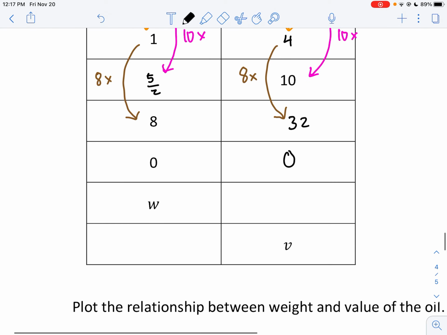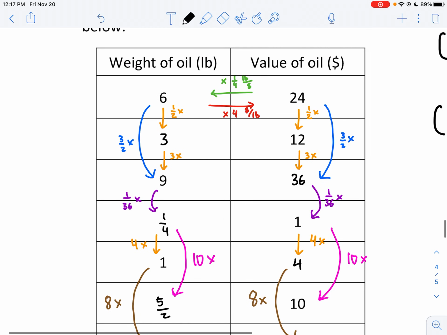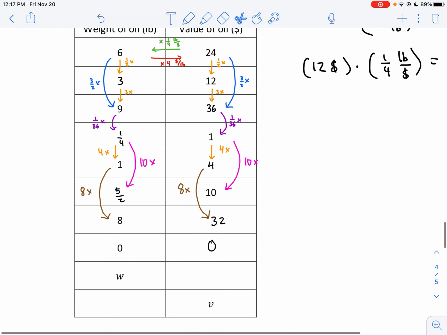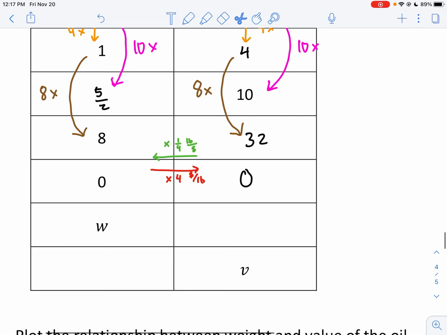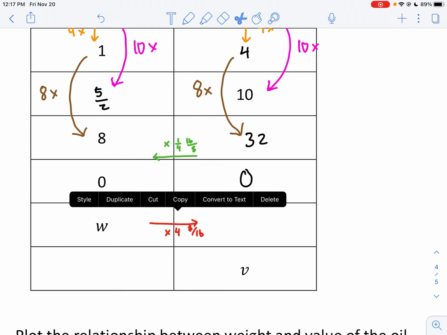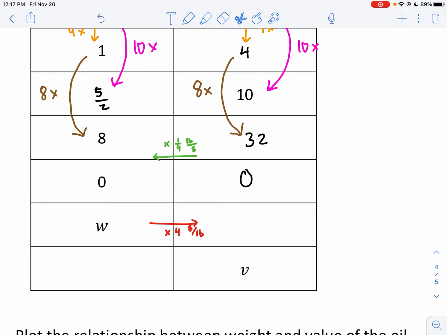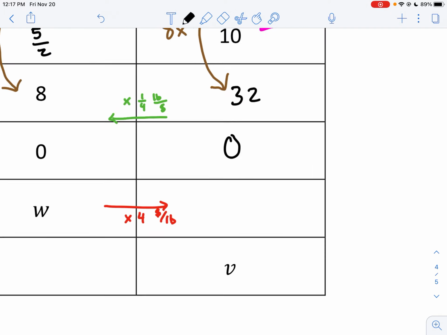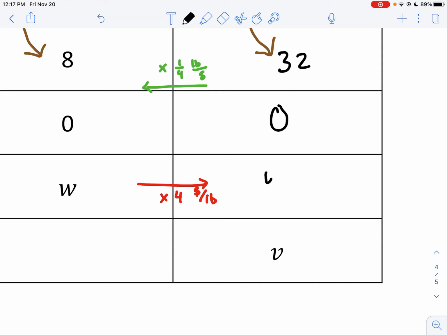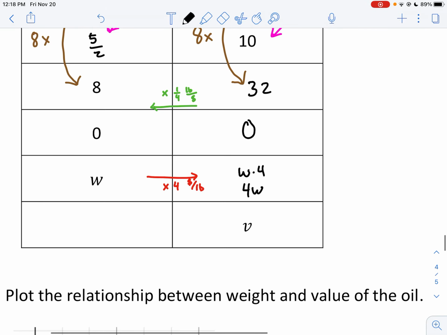And then what if I go to variables? What if I say W stands for the weight and V stands for the value? I'm going to zoom out a little bit. I'm going to use these to go across the tables down here. So if I want to go from W to value, from weight to value, I multiply by 4. So I would write down W times 4. And numerically, you could just say 4W if you want.